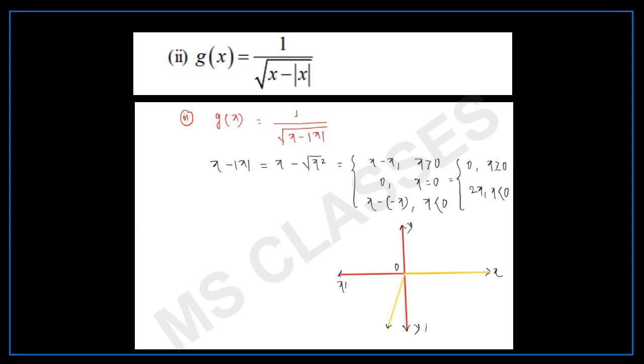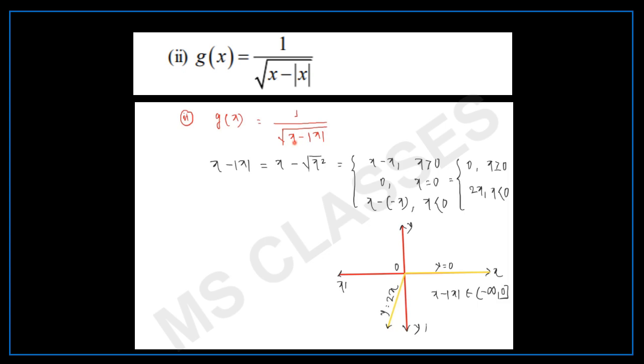This is y equal to 0, and this one is y equal to 2x. That means x minus mod x always belongs to minus infinity comma 0. So obviously when we are taking 1 by root over, it will not be defined whatever x we put, because if it is 0 it is undefined, and if it is a negative number it is undefined.